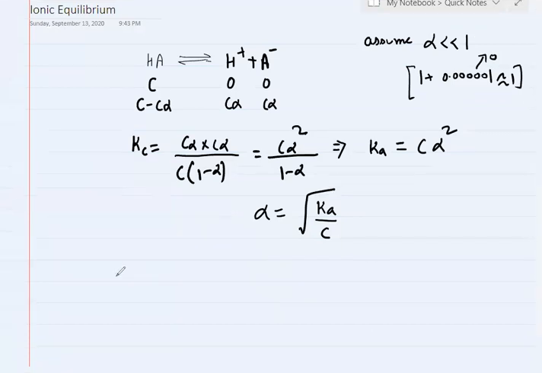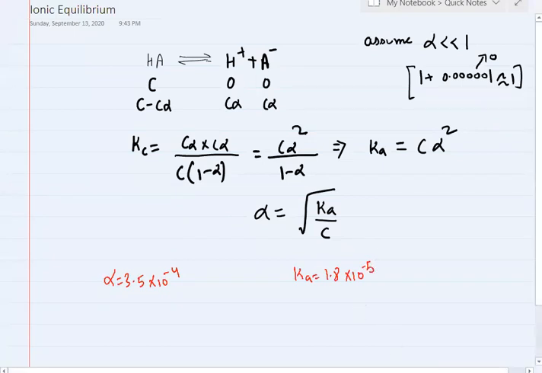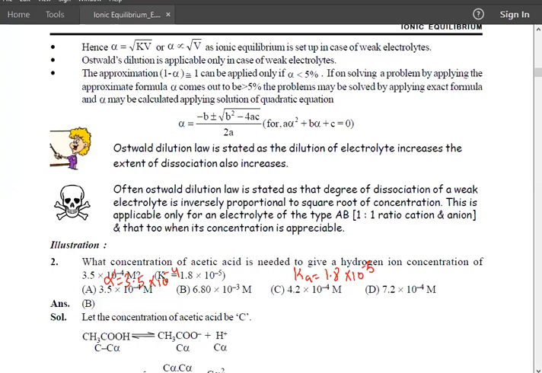Alpha is equal to 3.5 into 10 to the power minus 4 and Ka is equal to 1.8 into 10 to the power minus 5. Right, everyone? Now, what do you think? Alpha is very less, yes or no? Alpha is very less.